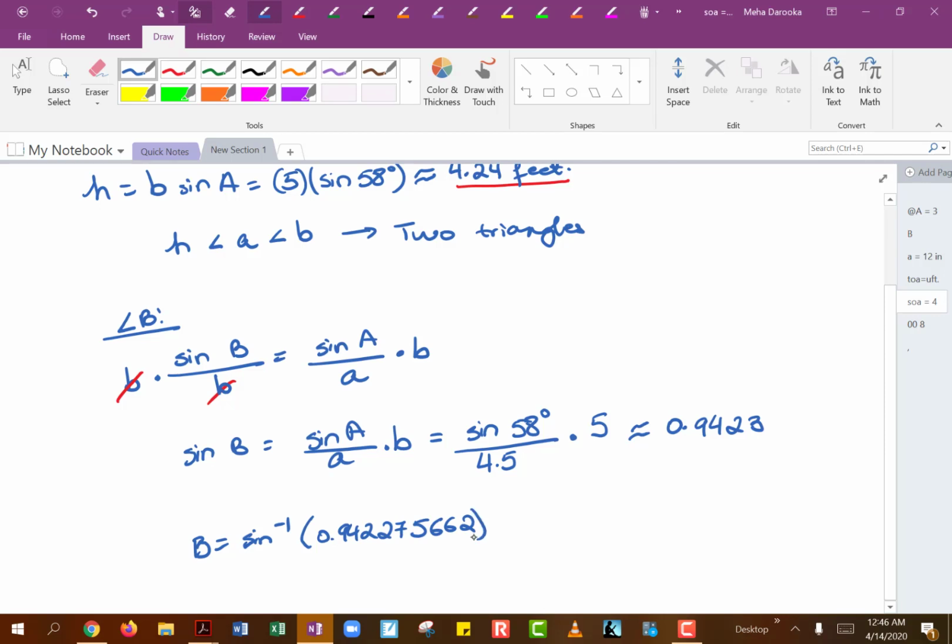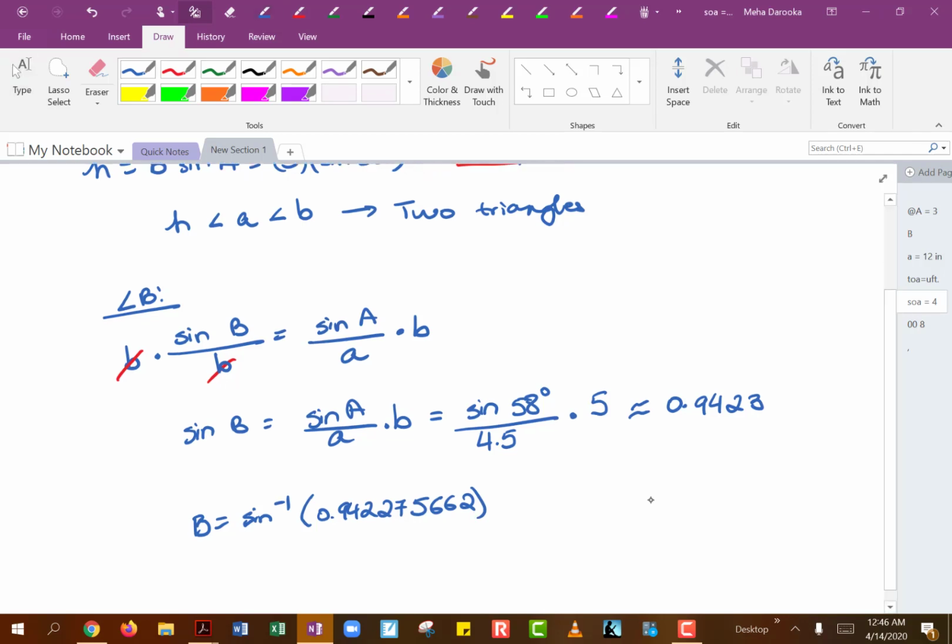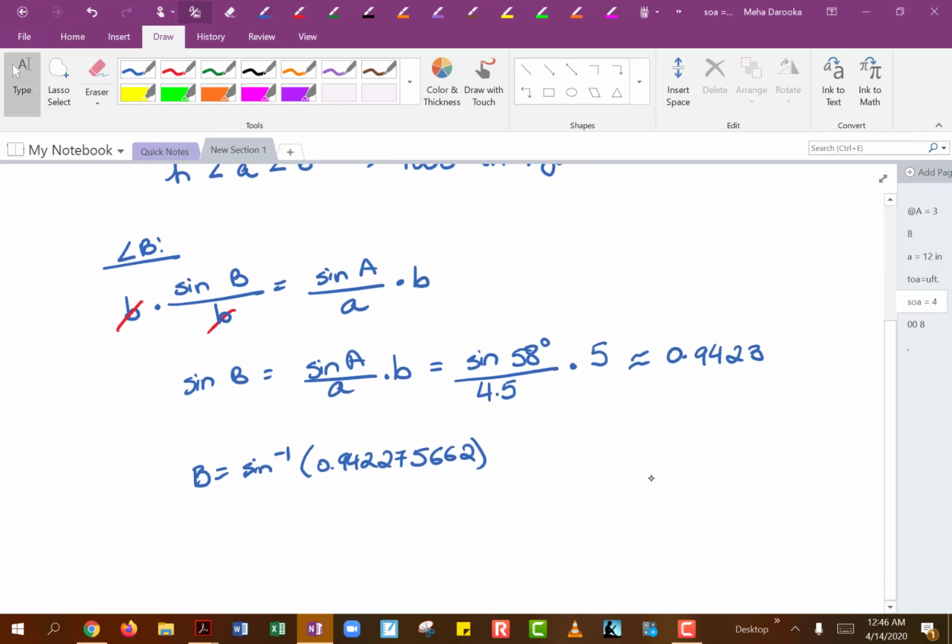When we do sine inverse on this answer, you end up getting angle B as 70.44 degrees, but we're going to call this angle B1.